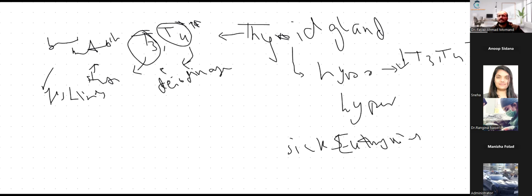We use TSH as a primary marker of thyroid disorders, hypo and hyperthyroidism. If TSH is low or high, this points towards either hyperthyroidism or hypothyroidism. Low TSH means hyperthyroidism, where T3 and T4 are high in the circulation, so TSH will come down.